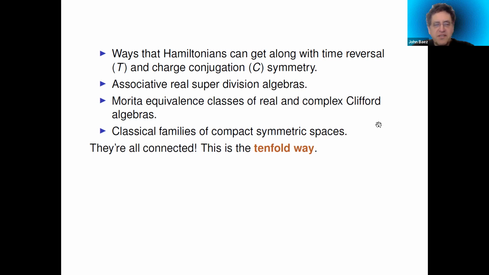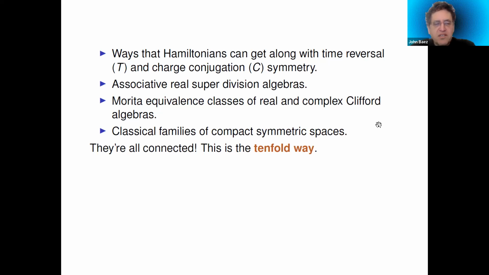Then the second one is associative real superdivision algebras. I think of that as a very fundamental one. Then a third one is the 10 different kinds of real and complex Clifford algebras, where we call 2 Clifford algebras Morita equivalent if, thinking of them as superalgebras, they have the same categories of representations on super vector spaces.